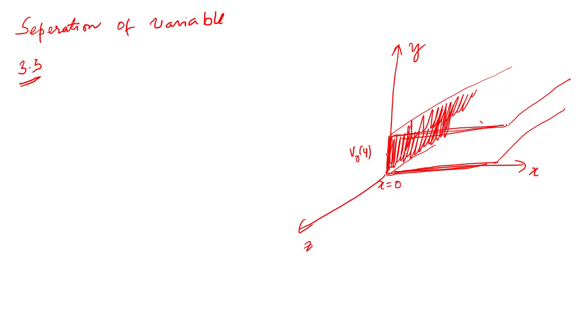If you look from the side, you would see one plate at the top and one plate at the bottom, and these two are connected by some strip. That's what you would see from this side. The problem says that the strip is insulated from the two plates.